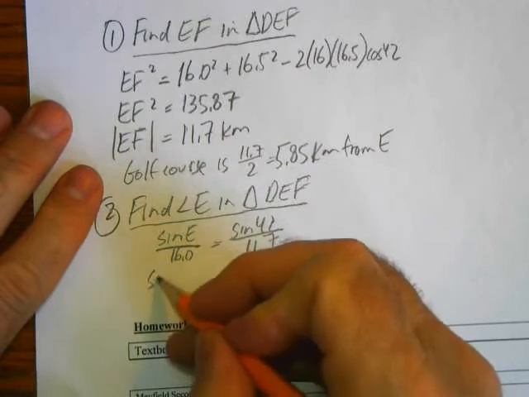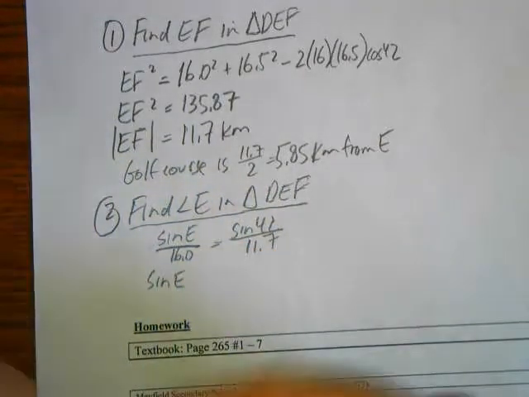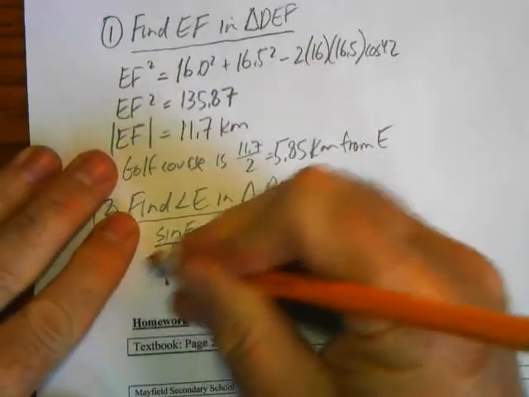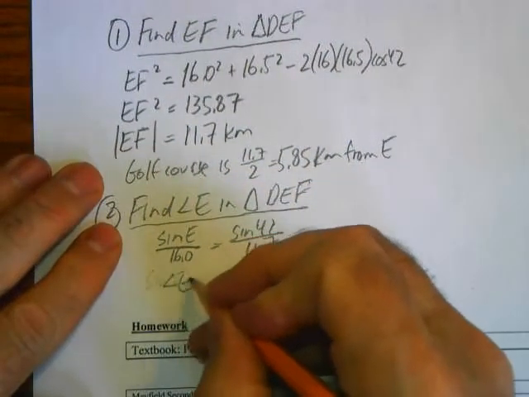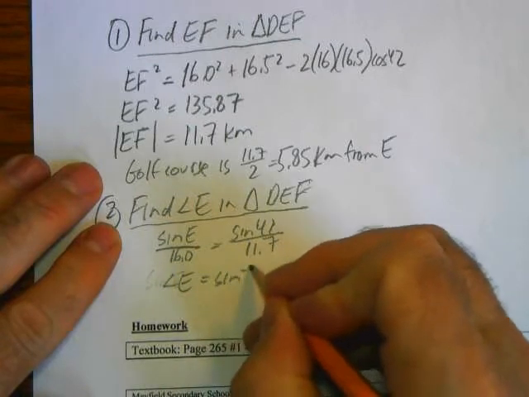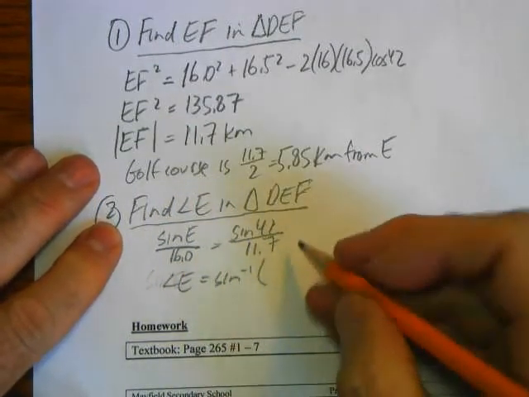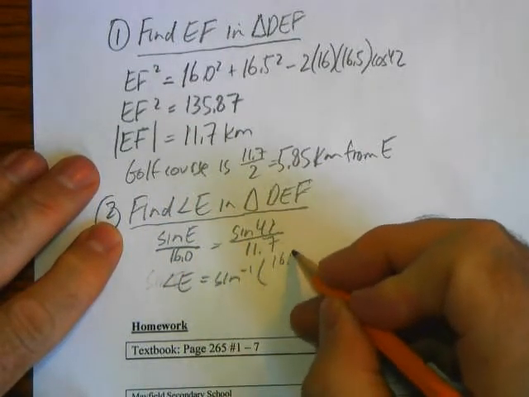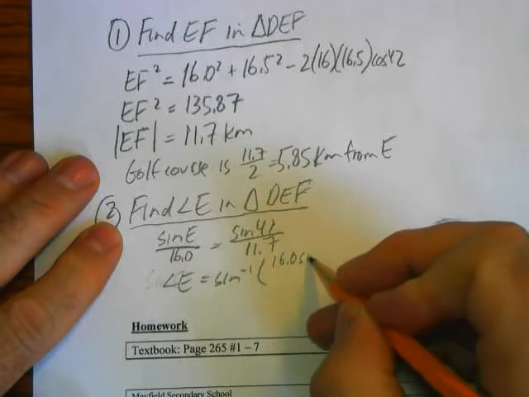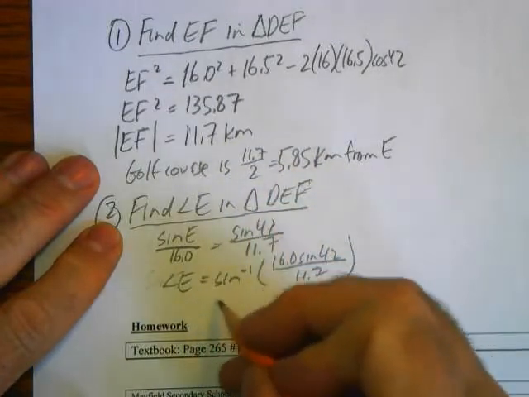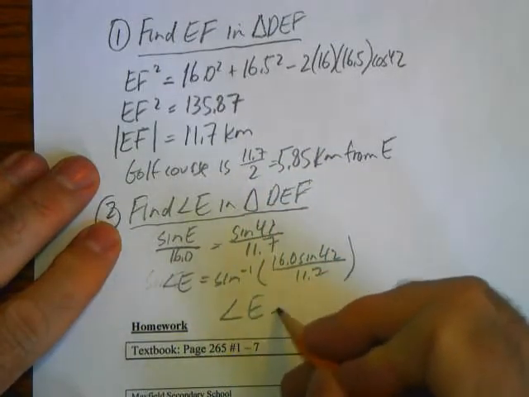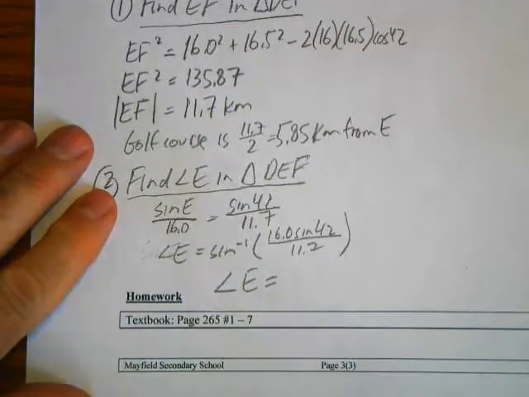So angle E is equal to the sine inverse of 16.0 sine 42 over 11.7. Do that in one calculation. We get angle E is equal to 66 degrees.